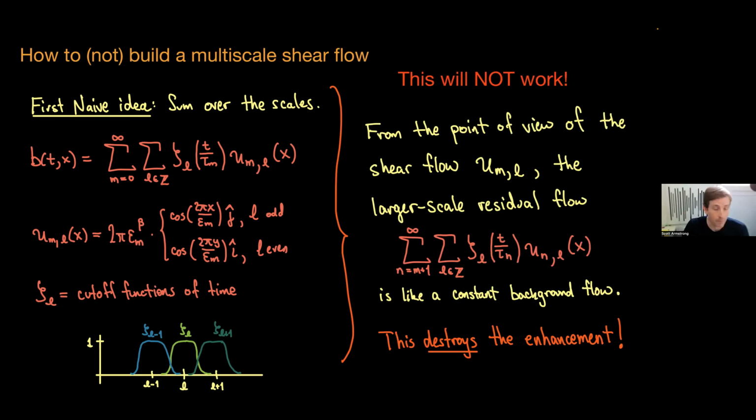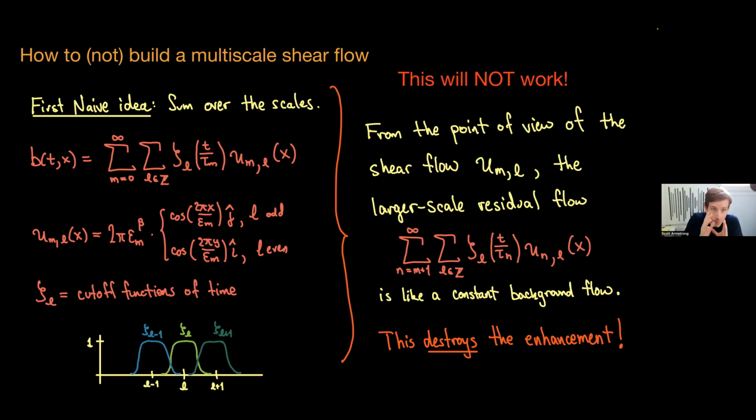This will not work because if you want to make your thing Hölder continuous, then obviously the amplitudes associated to smaller scales must be smaller, right? A continuous function has smaller wavelengths, higher frequencies, with smaller amplitudes. Otherwise, it's not continuous. And so what that means is that the low frequency modes, from the point of view of the small scales, are like a very large constant background drift.